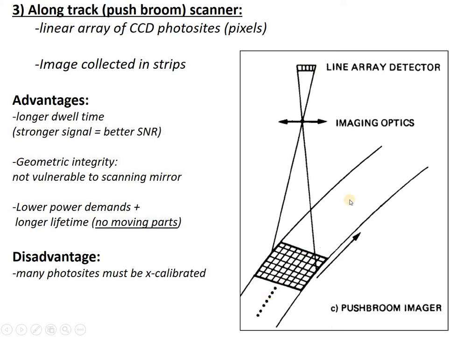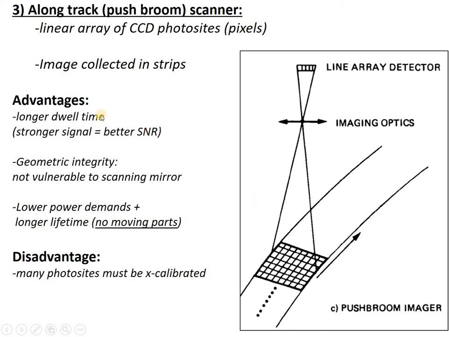As the satellite flies along the track, you collect the images in rows, this row all together, this row all together, and so on. In this case, your swath width is essentially equal to the instantaneous width determined by this detector.